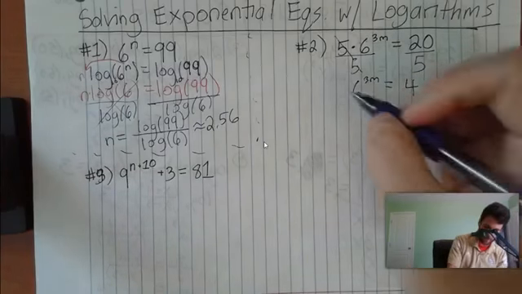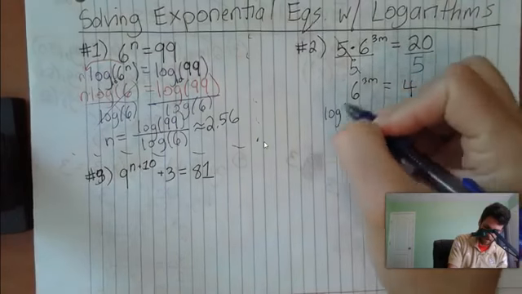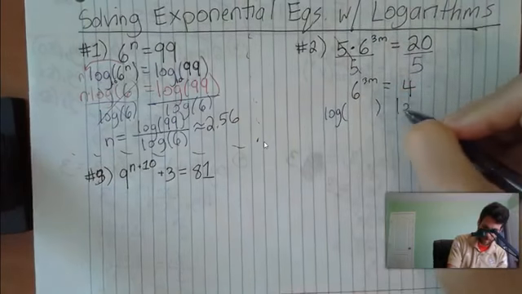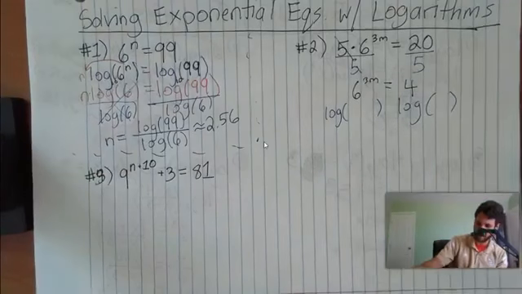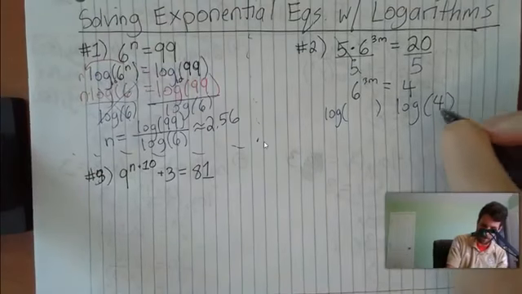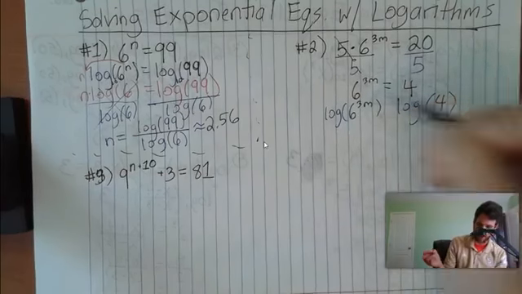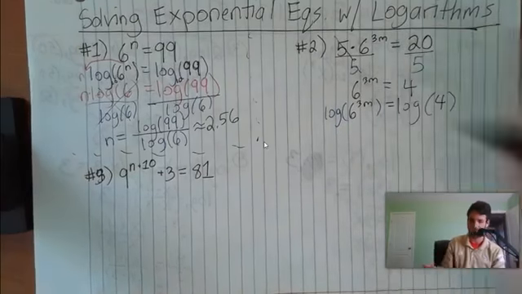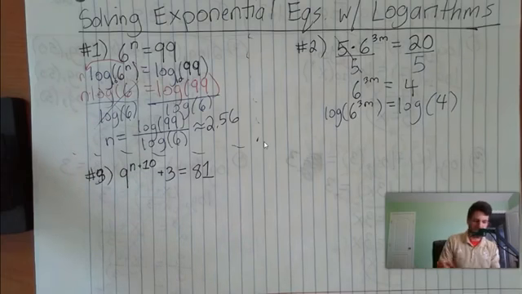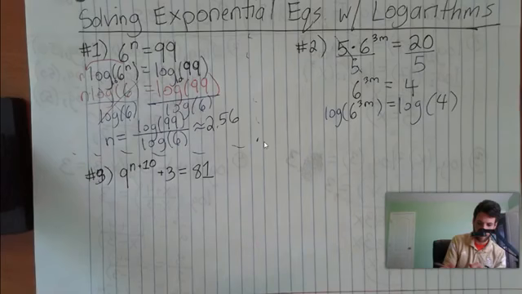So now we have to do the log of both sides. And we can fill in the 4 right here and the 6 to the 3m on the left side, and we got them equal to each other. Then we do the product property. The 3m is going to the front.